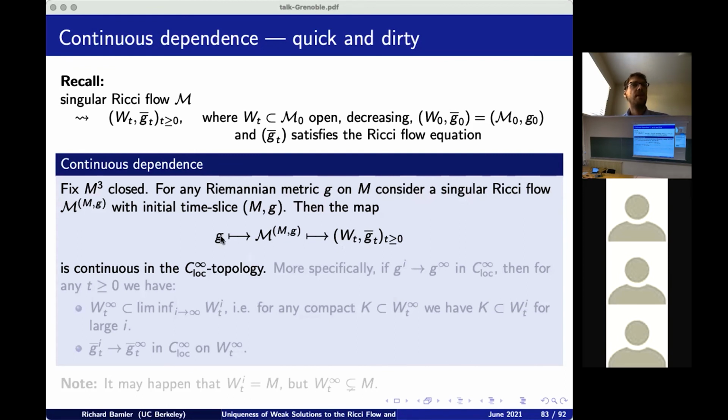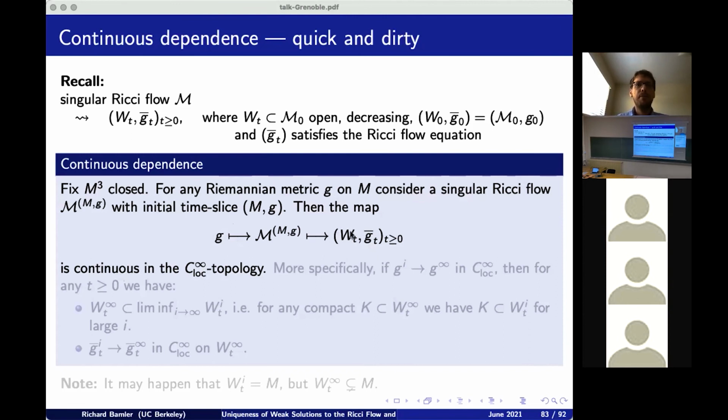Okay? So this is some of the partially defined Ricci flow starting from g. And now the statement of the continuous dependence theorem is that this map from here to here is continuous in the local C infinity topology. Okay? So meaning that if I vary g continuously such that all its derivatives vary continuously, then this will vary continuously as well. Okay?